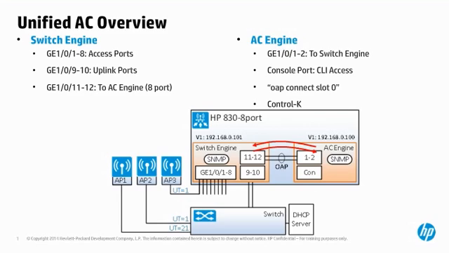You can remotely access each engine's CLI via Telnet or SSH, although SSH is not enabled by default, and via GUI, HTTP or HTTPS interface. The default IP address of the AC and switch engines are 192.168.0.100 and 101 respectively. The default username and password is admin.